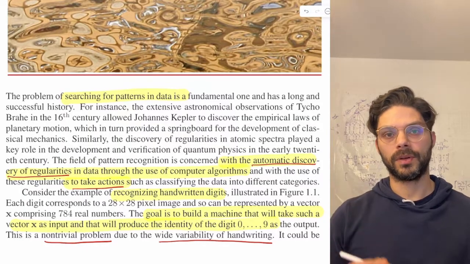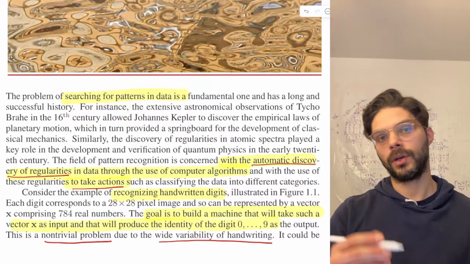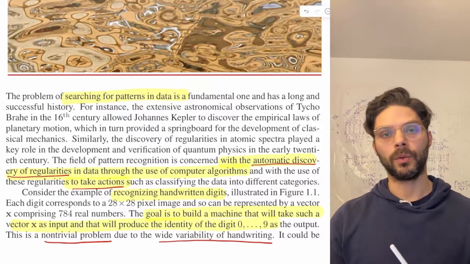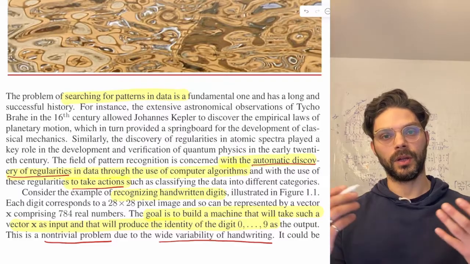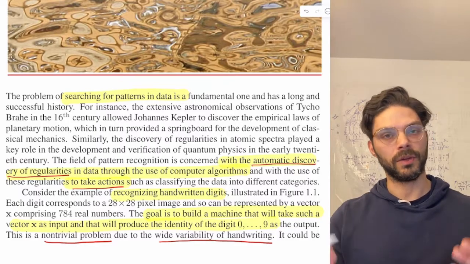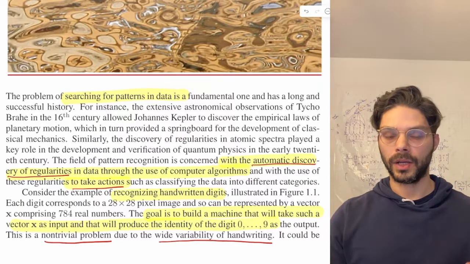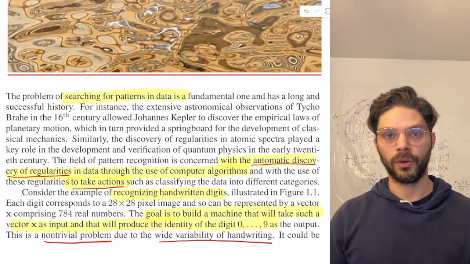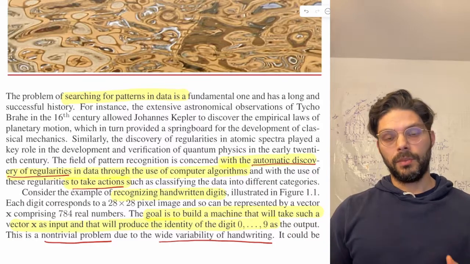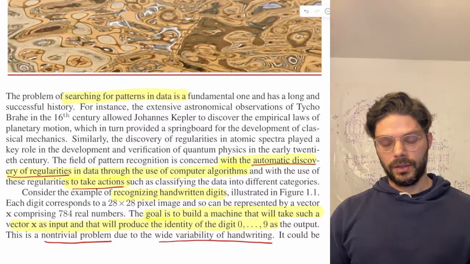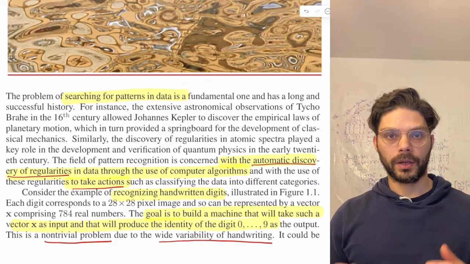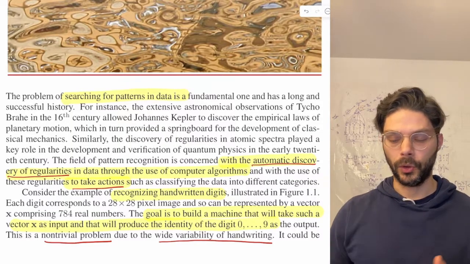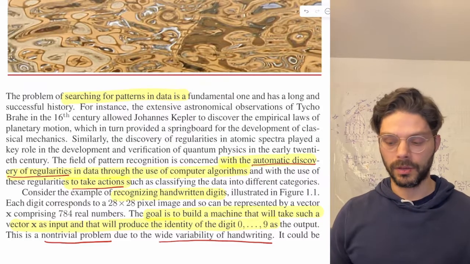And those very precise measurements later helped Kepler come up with Kepler's laws of planetary motion, upon which Newton then built his laws of universal gravitation, and this led to the development of mechanics, calculus, much of the math that we're actually going to be using in this book. So gathering data, but also then finding regularities in data is a really important topic that's led to lots of developments, and that's what we're going to be thinking about in this book.